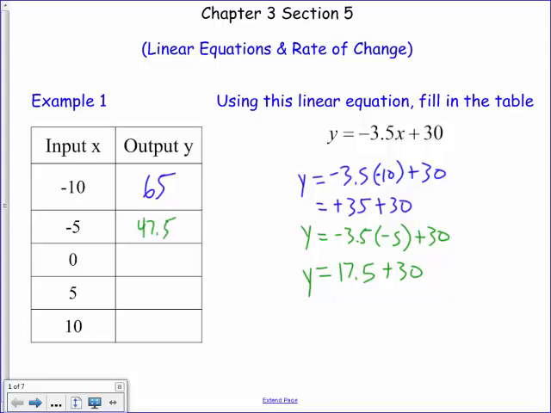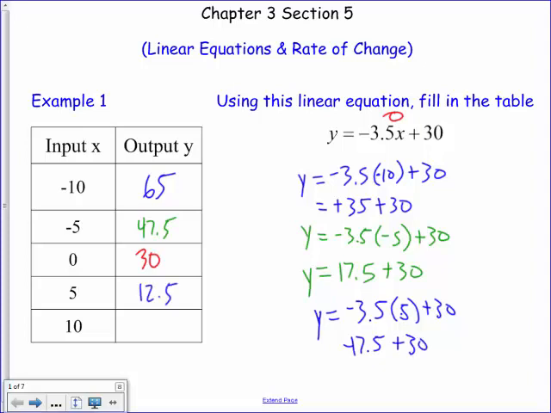There we go. Okay, so negative times a negative is positive, so this should be 47.5. If I plug in 0 up here, that's just 0 plus 30, so we get 30. That was kind of nice. And if I plug in 5, y equals negative 3.5 times 5 plus 30. So now we've got negative 17.5 plus 30, which gives me 12.5.